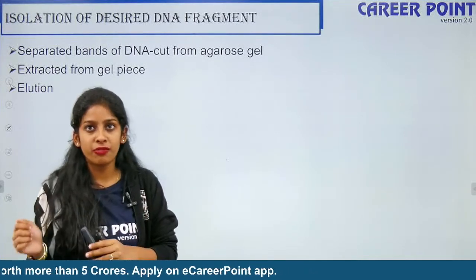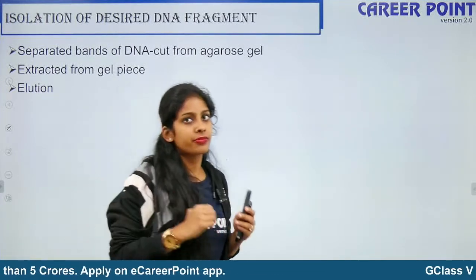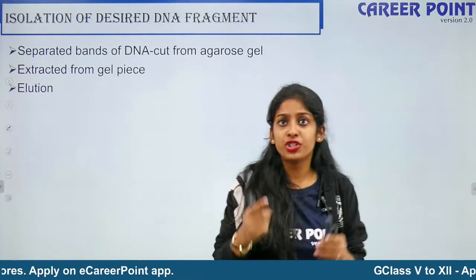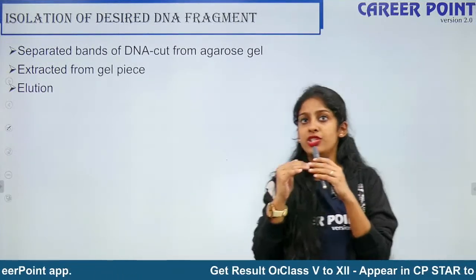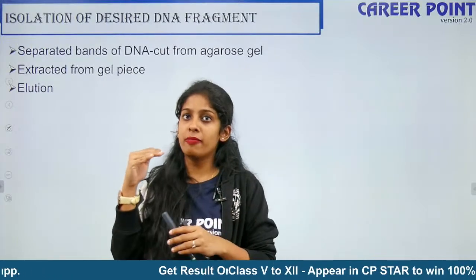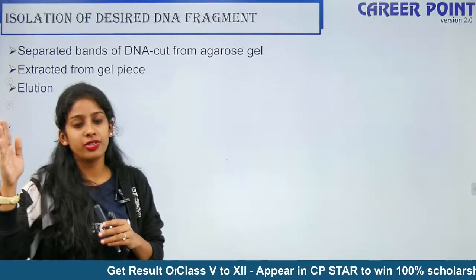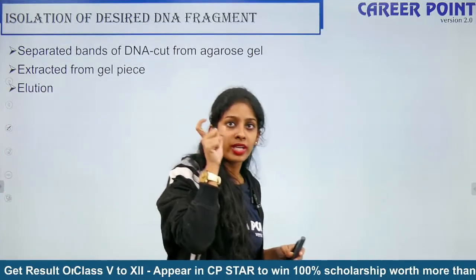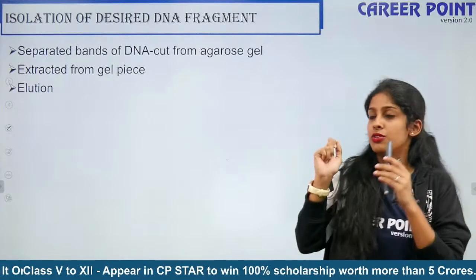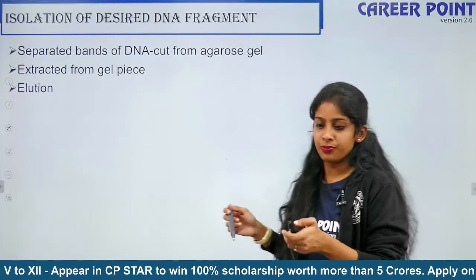So you have chopped your gene of interest, you have taken it out. Fine, but you have to ensure that you have chopped it properly, so you do gel electrophoresis. In gel electrophoresis you also get a confirmatory result: yes, your gene of interest has been chopped. Once you get the confirmation, you take that gene from the gel. That process is called elution.